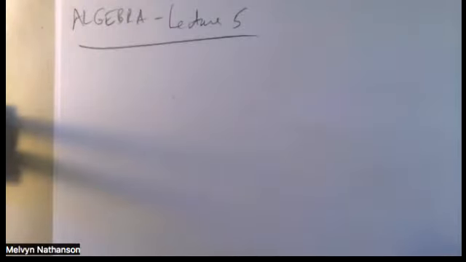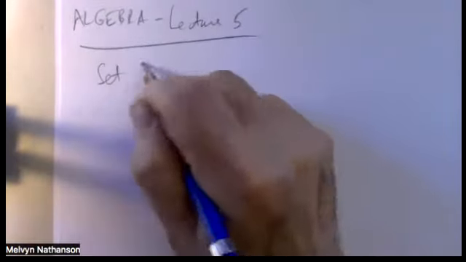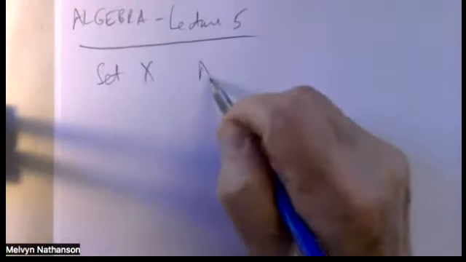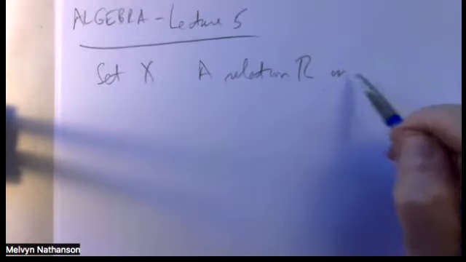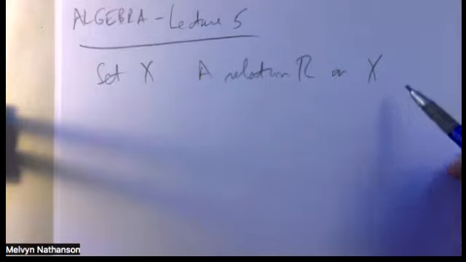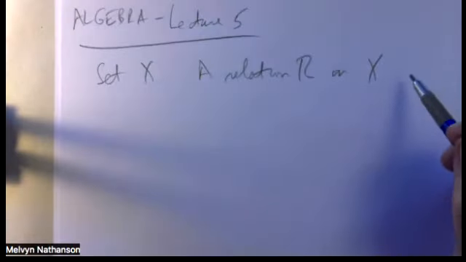So we have a set X, and a relation R on X is just a set of ordered pairs.